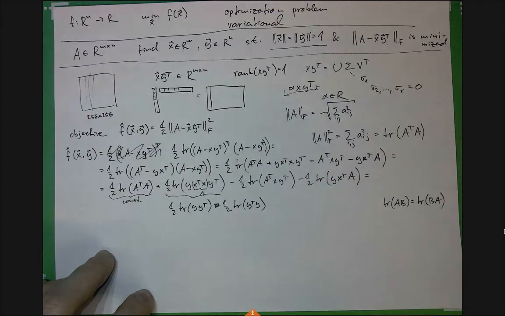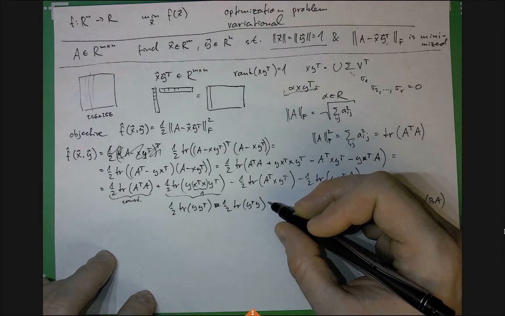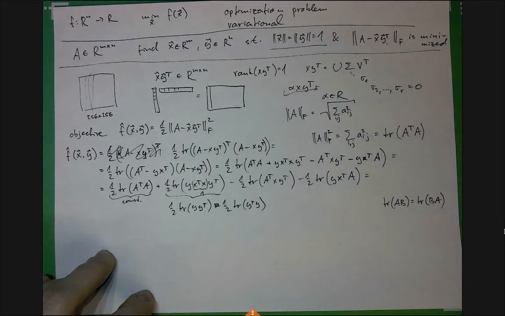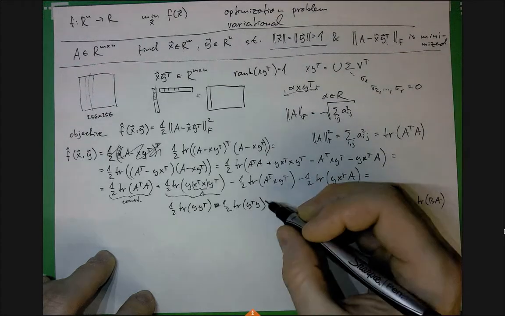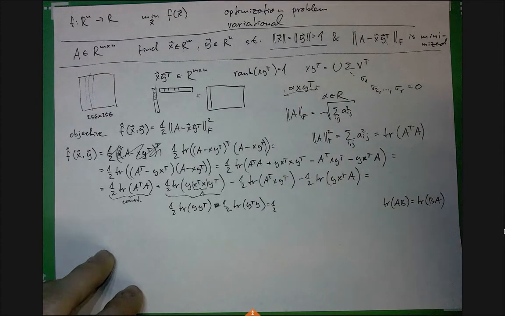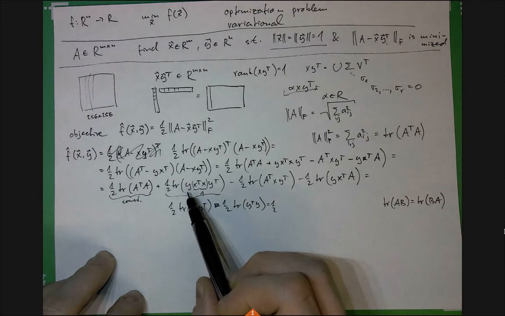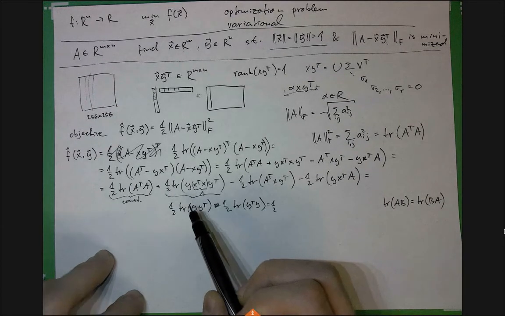I just flip them, because that's from this trace multiplication rule. And YTY is also 1, right? So this is also just a constant. This is just 1/2. This doesn't even depend on the matrix. So these first two terms, they don't matter in the optimization problem at all, which is sort of interesting.